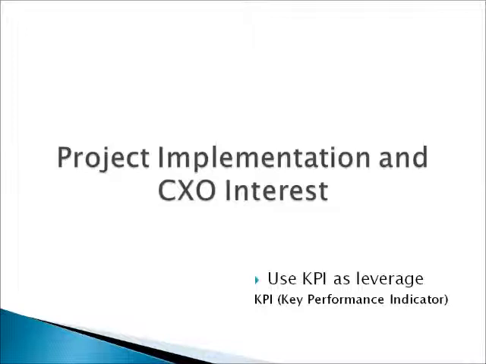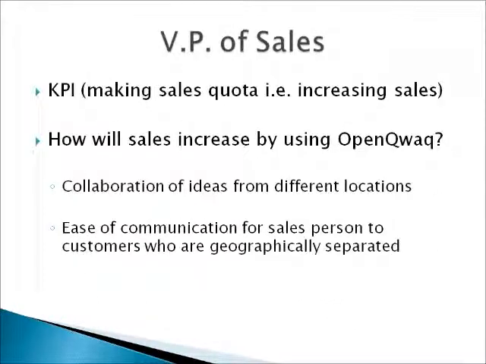So if you can clearly communicate with each CXO that your project that is based upon using OpenQwaq will cause that CXO to be more easily able to meet his or her KPI, then that CXO is going to be most likely in support of your project implementation. So let's take a look at each of the CXOs and how we can go about getting their support of our project implementation using OpenQwaq.